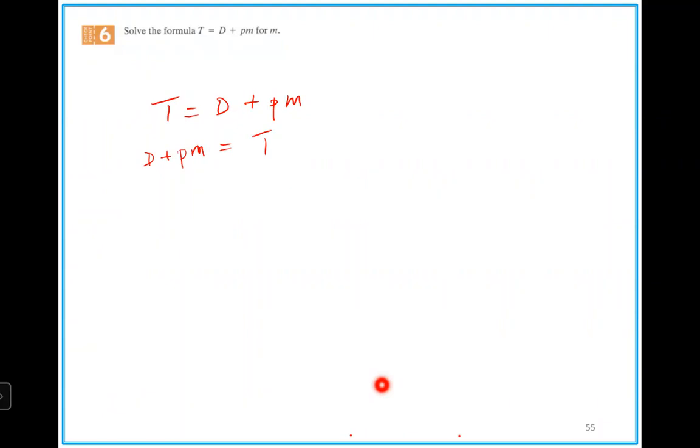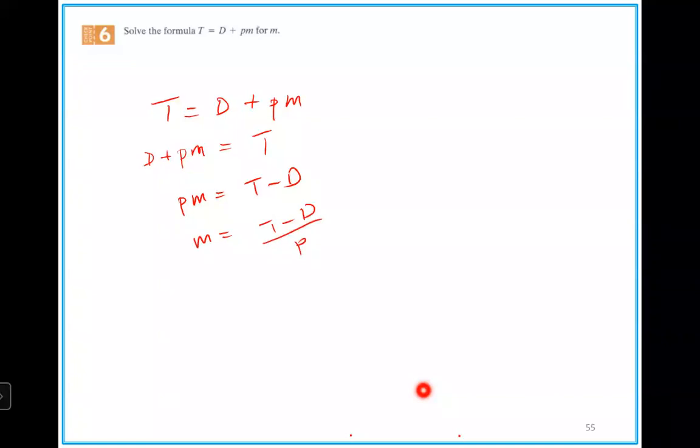Now that we have it like this, it's easier to work with. So then it'll say PM is equal to T minus D. And then M is equal to T minus D over P. Very good. That's it.